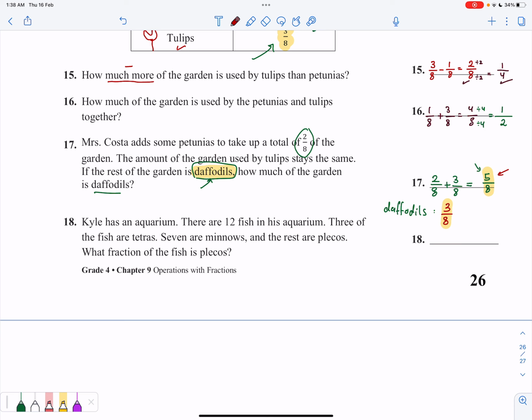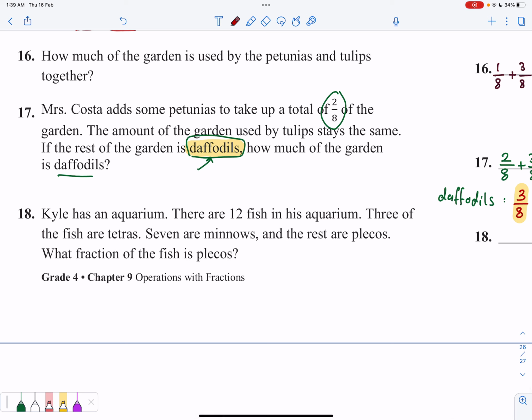Then question 18 says, Kylie has an aquarium. There are 12 fish in his aquarium. 3 of the fish are tetras. 7 are minnows.